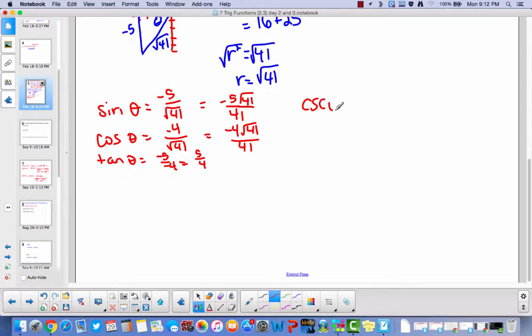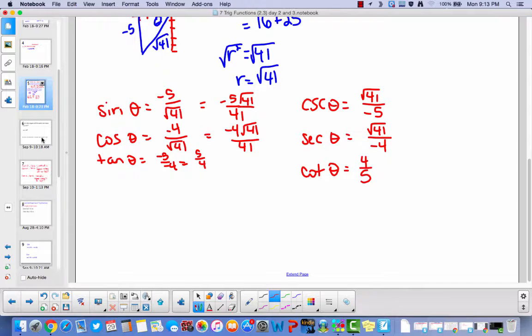Cosecant, again, is the reciprocal of sine, so it is the square root of 41 over negative 5. Secant of theta is the reciprocal of cosine, so it is the square root of 41 over negative 4. And cotangent we were already given, so cotangent of theta is 4/5. Those are our 6 trig functions.